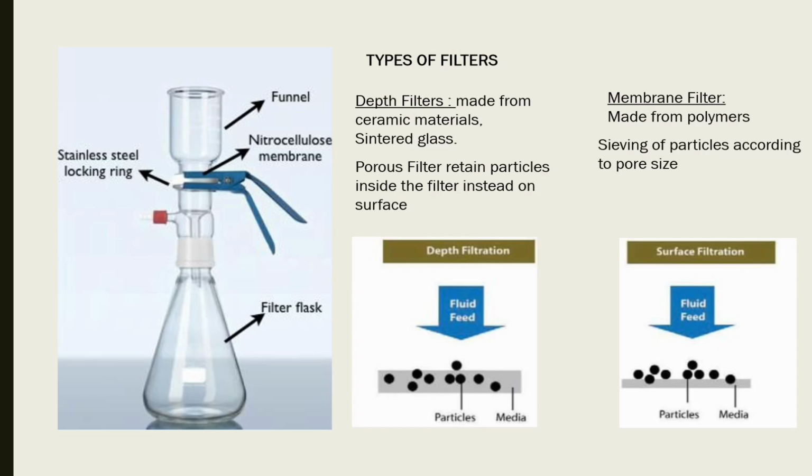So according to the pore size, the required liquid sample is sterilized in the filtrate flask, and the unrequired microorganisms get trapped on the filter paper. This filter apparatus is used in bacteriophage isolation, or you can say virus isolation, where depending upon the size of the virus, filter papers are made, and using that filter paper we can isolate bacteriophage and sterilize our sample also.